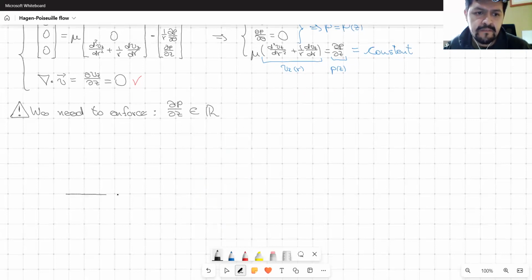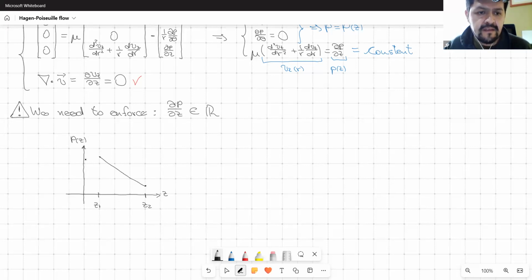If we do a very simple plot where we have the axial position z on the horizontal axis and the pressure as a function of z on the vertical axis, what this is essentially saying is that the pressure gradient being a number means that if you take 2 points on the axial direction of the pipe, say point z1 and point z2, the curve defining this will be a straight line like this.